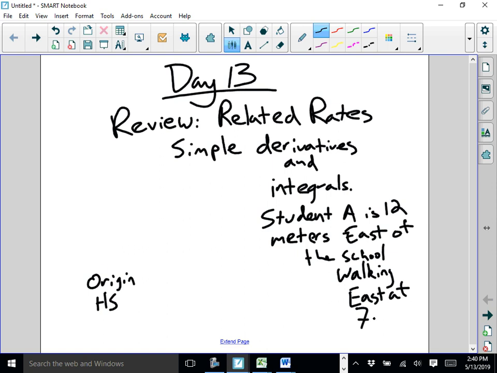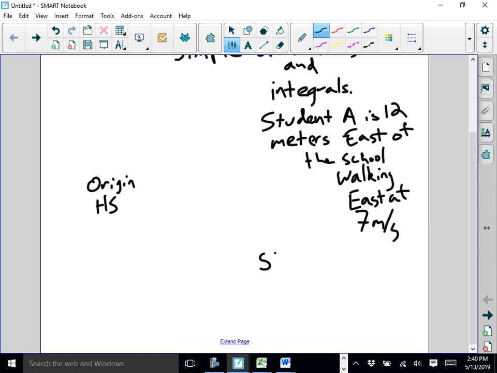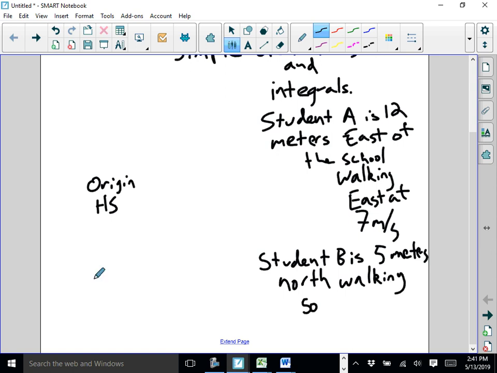Student B is 5 meters north of the school, walking south at 6 meters per second.